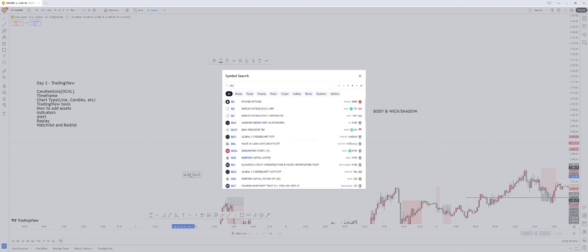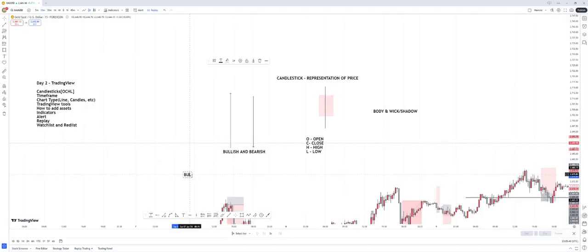Bullish: open bottom, and close top. Bearish: open top, and close bottom.